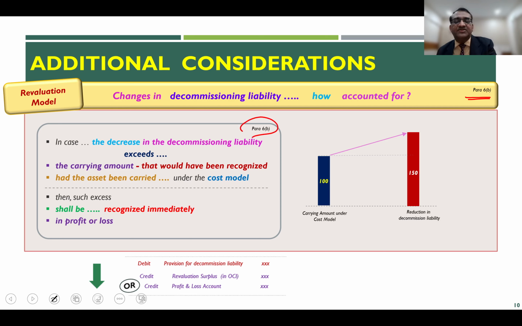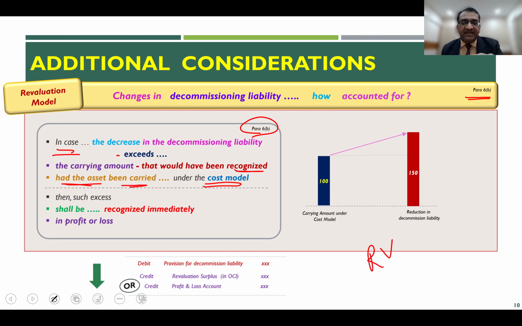What paragraph 6b tells you is this: in case the decrease in decommissioning liability is more than the carrying amount that would have been recognized had the asset been carried under the cost model. Now, look at it very carefully. The asset, including the decommissioning liability in our case study, is under the revaluation model.